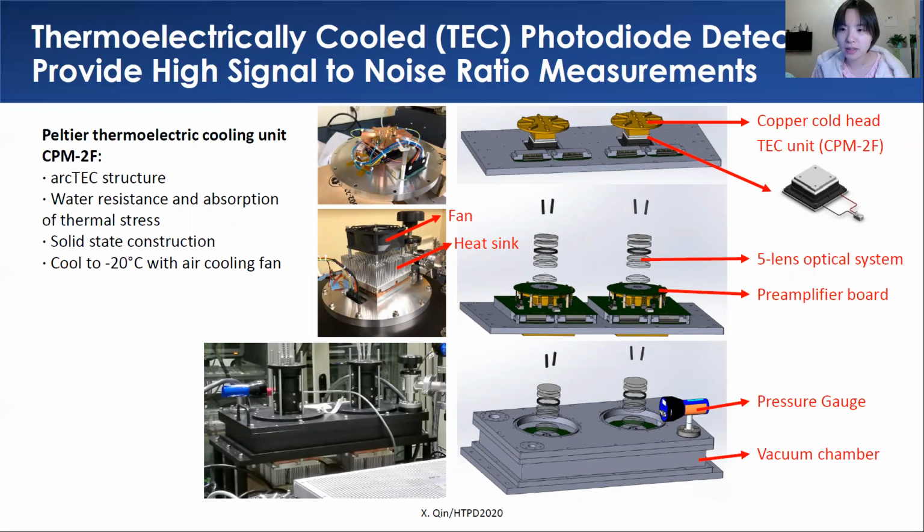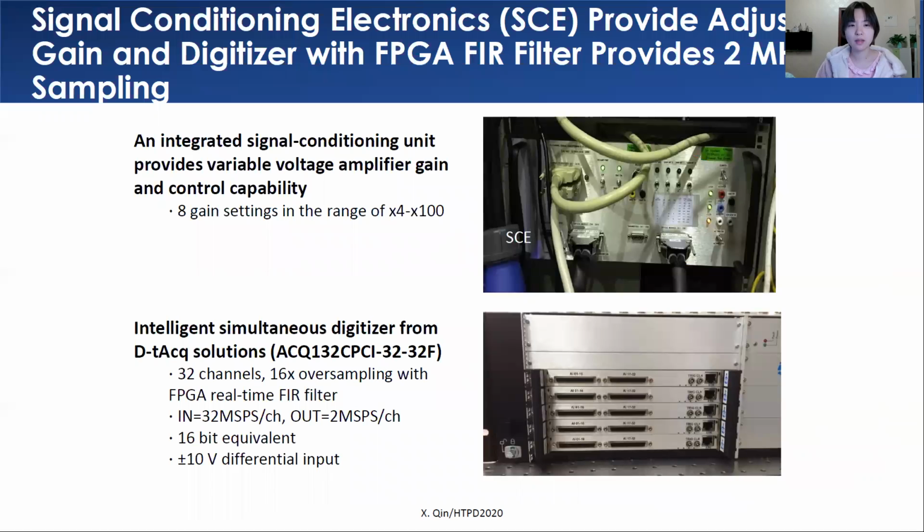The TEC unit is connected to a copper cold head where the preamplifier board is installed. The signal conditioning unit provides variable voltage amplifier gain and control capability. The data is aggregated by a digitizer with 2 MHz sampling rate.